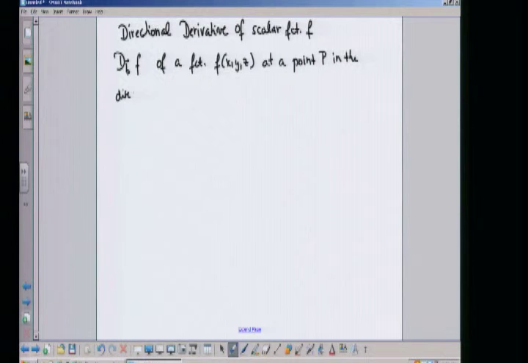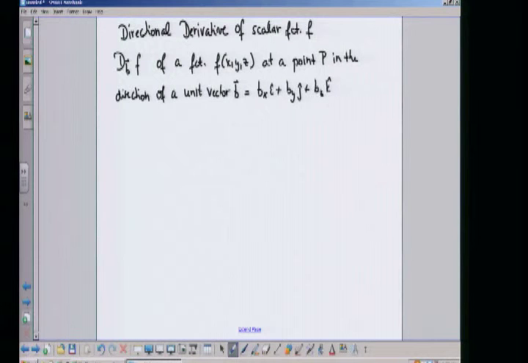I still haven't told you what this little b is, right? In the direction of a unit vector b. So this b gives you the direction in which you would like to calculate the derivative of the function f, okay? And this vector b is in standard notation bx i, by j, bz k, okay?